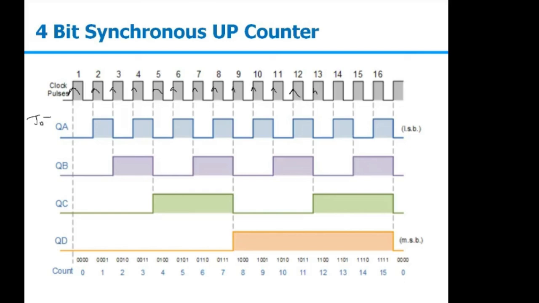J naught was equal to K naught was equal to 1. So we can say QA or Q naught will be toggled at every occurrence of the clock. Till this point it is in the reset condition, and then whenever the clock is coming, it goes to toggle condition. So it is being toggled at every occurrence of the clock.